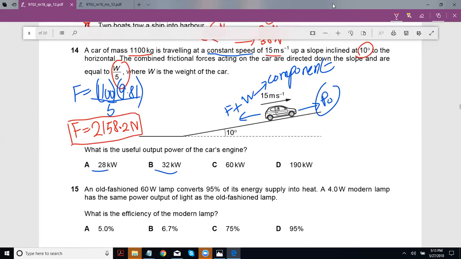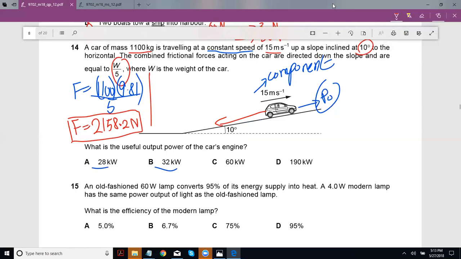Now, don't forget that if something is traveling up a slope, some component of its weight will also be acting down the slope, kind of pulling it back. You can't forget that. I believe that was given by W sine theta, where theta is the angle it makes with the horizontal.